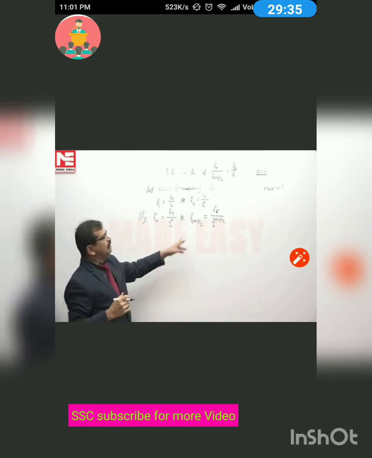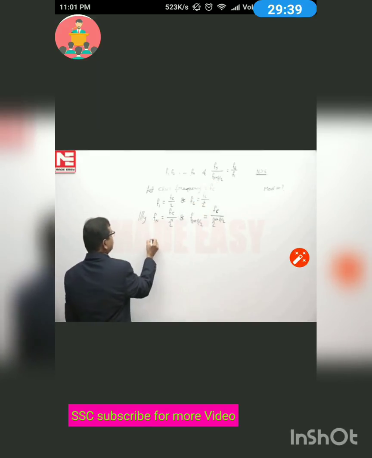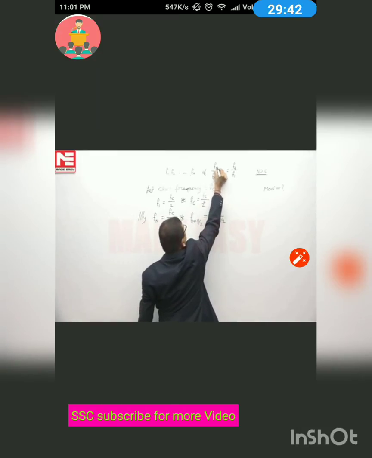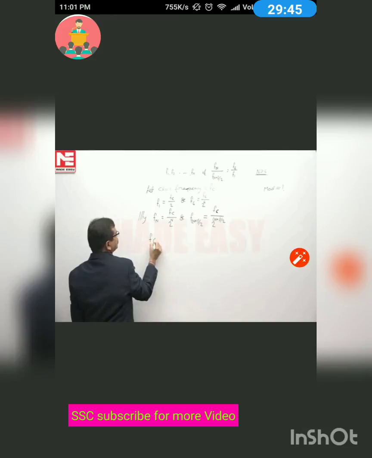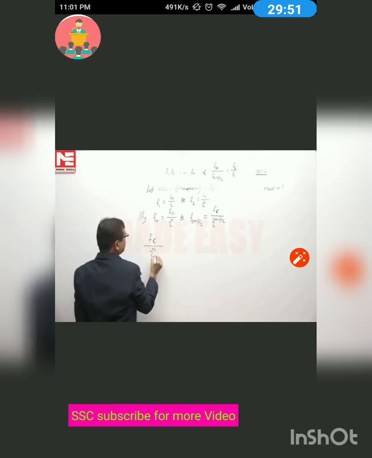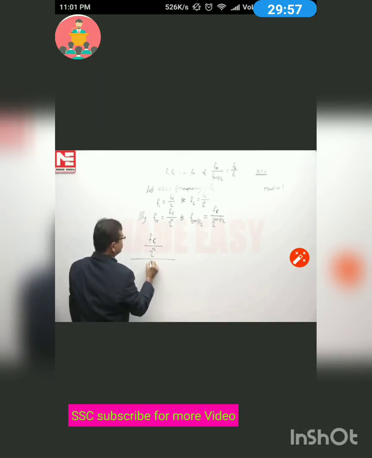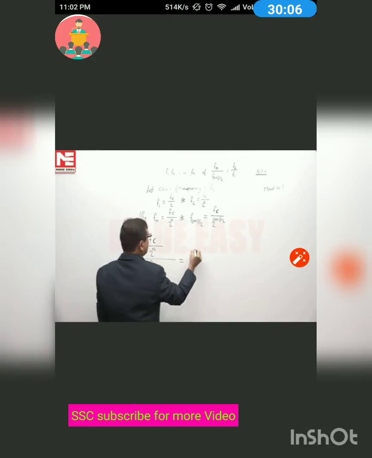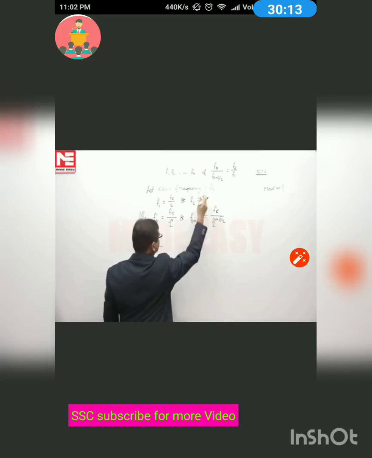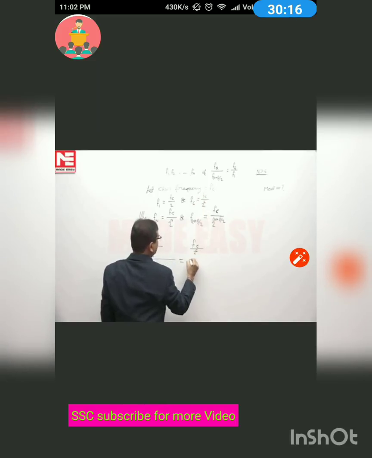Now if you substitute these values in the given relation, we have Fn as Fc by 2 to the power of n, divided by Fc by 2 to the power of (n+1)/2, is equal to Fc by 2 to the power of 6, that is F6, divided by Fc by 2.